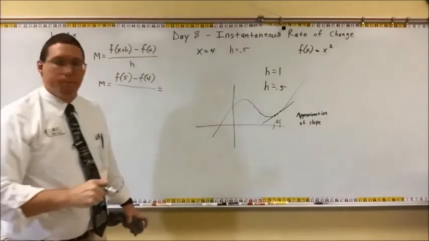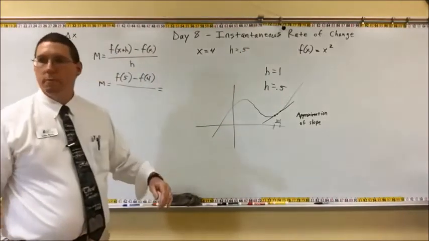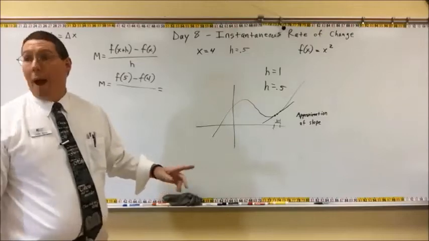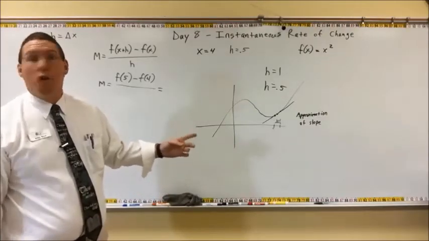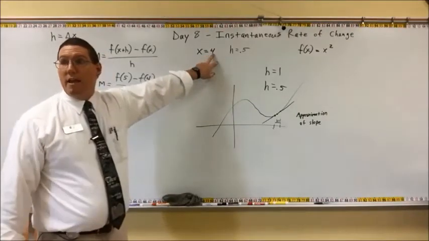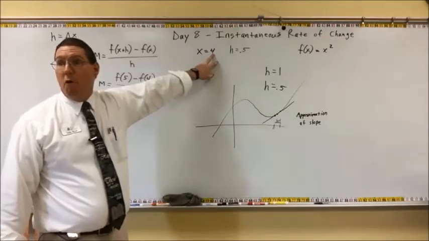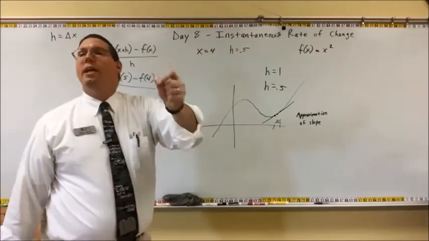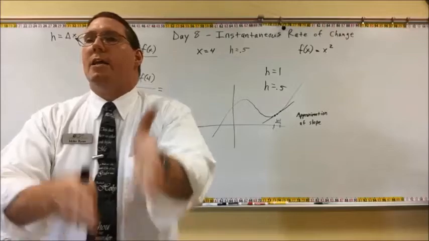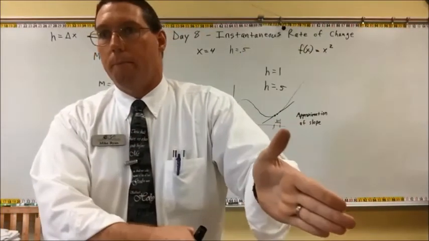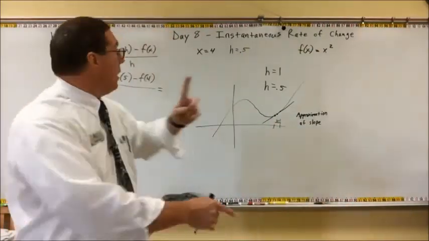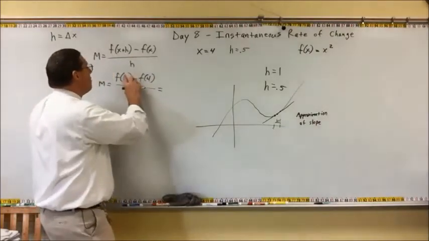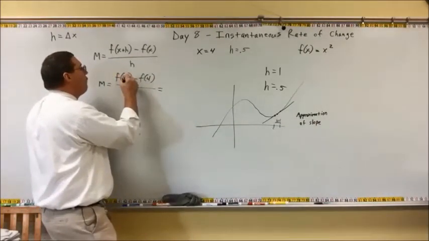Wait, so we aren't changing, we're still changing x2, right? Correct. We're only changing x2 because we're sticking with this, x1 is still 4. We are trying to zone in on the slope at 4. Okay? So now watch. Now, instead of it being f of 5, it's now f of 4.5.